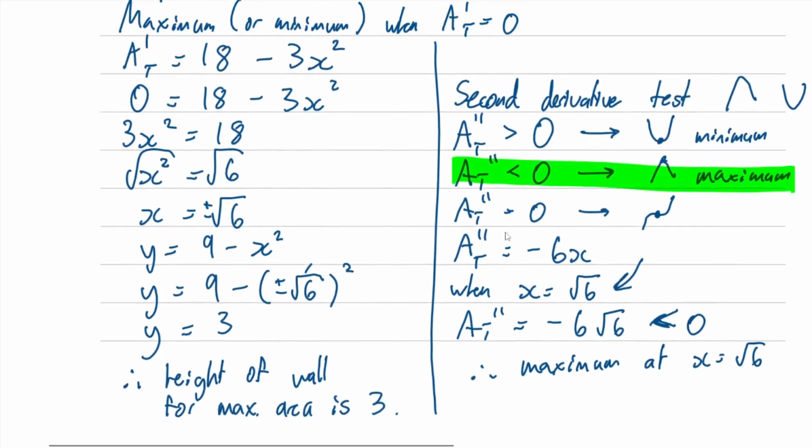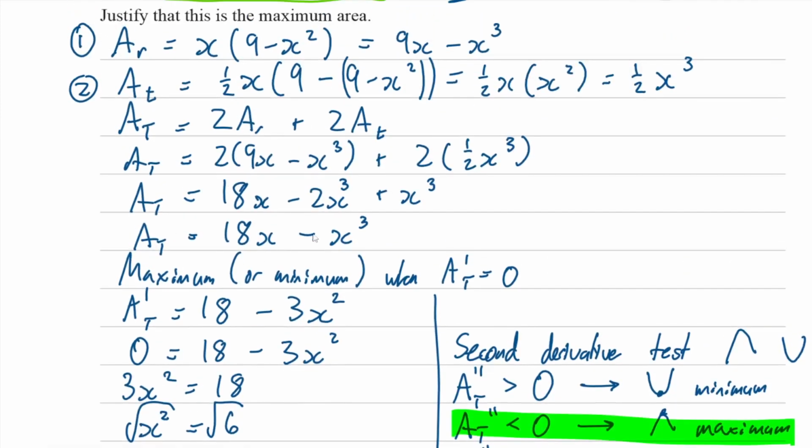Another way to justify it is that our total area equation is a cubic, and it is a negative cubic. Which means the shape will look like that, where the minimum has a lower x value than the maximum.